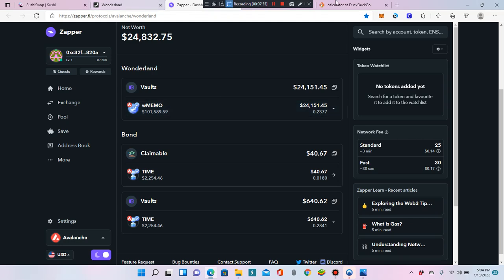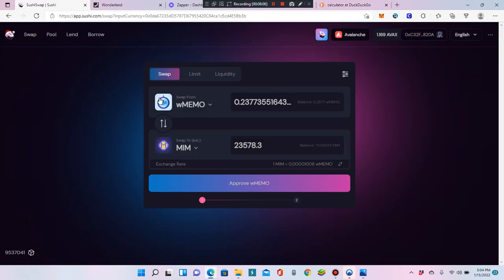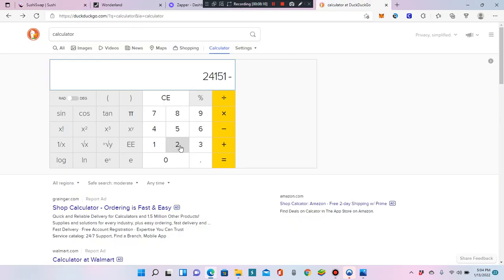Let's do the handy dandy: 24,151 minus what it's giving me, 23,578. Okay, so it's costing me $573 to do this mint. That's expensive.